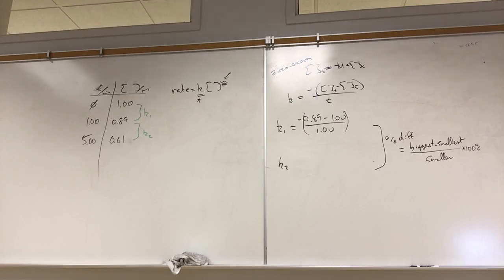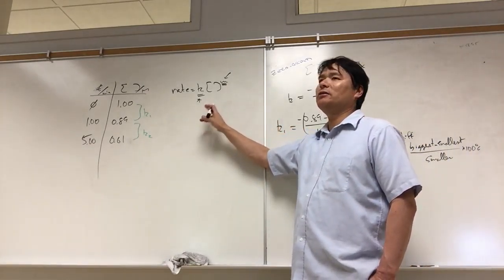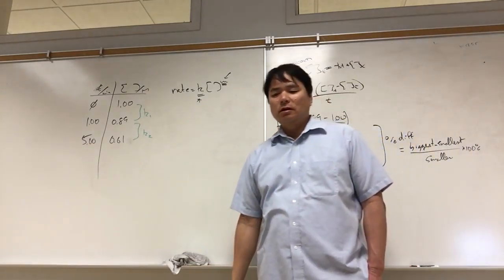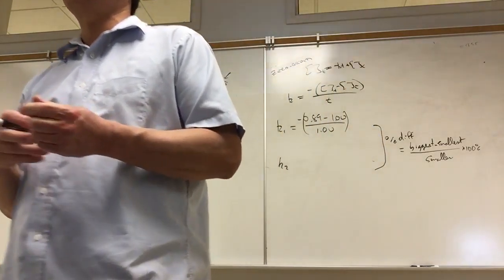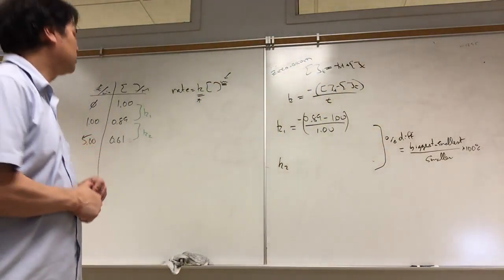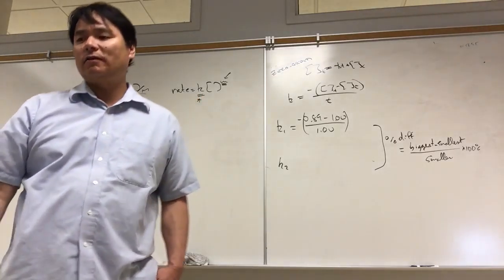And so we can get the order based on which one has the smallest percent difference. That goes in here. And then the K value, well, if second order has the smallest percent difference, then we just average K1 and K2. We average K1 and K2 for second order, we'll plug it in here. That gives us our K value.